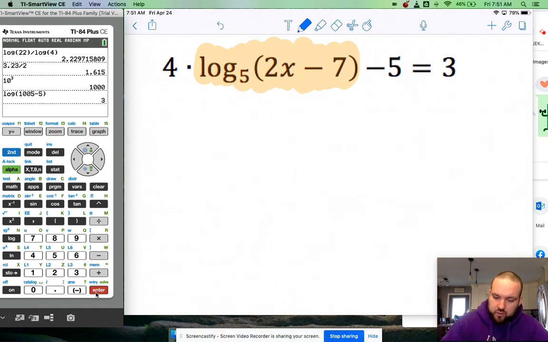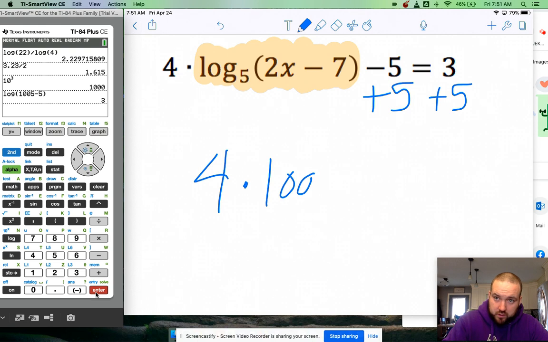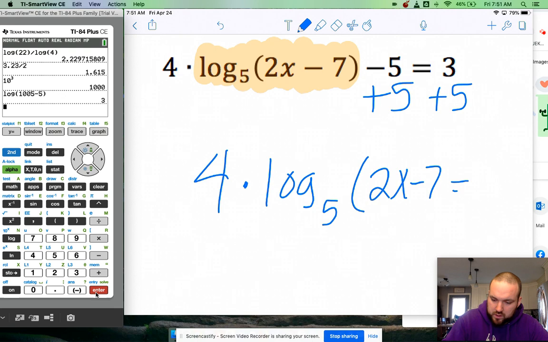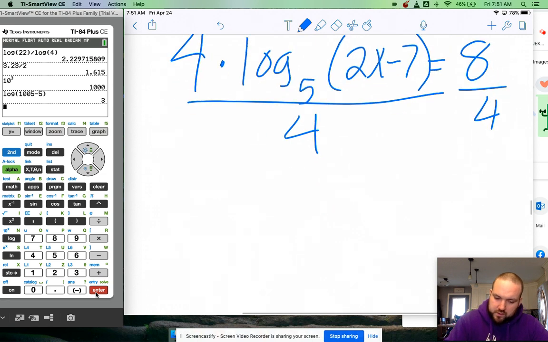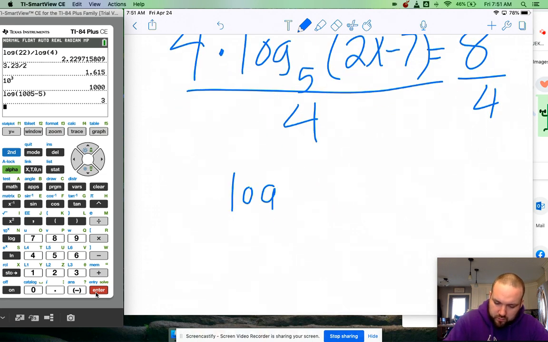So I'm going to add 5 to both sides first. And then that will give me 4 times log base 5 of 2x minus 7 equals 8. Now I'm going to divide both sides by 4. So there's a little pre-work we got to do to get the logarithm by itself.